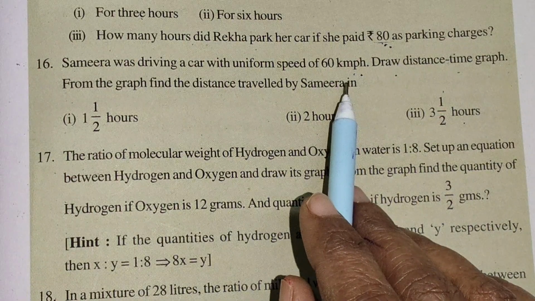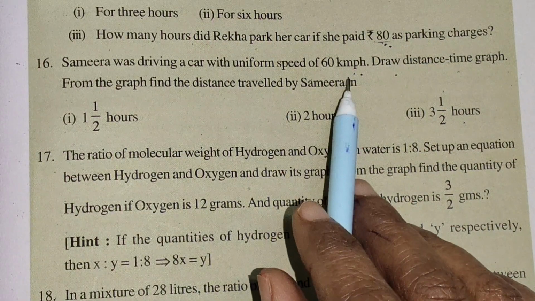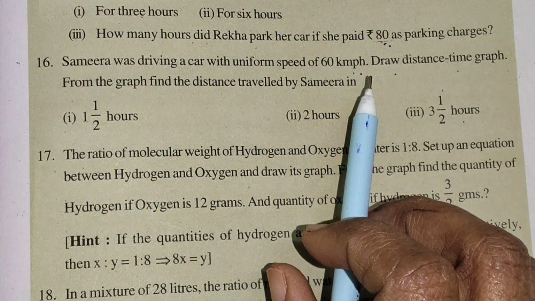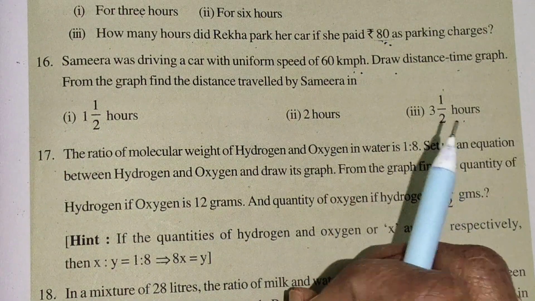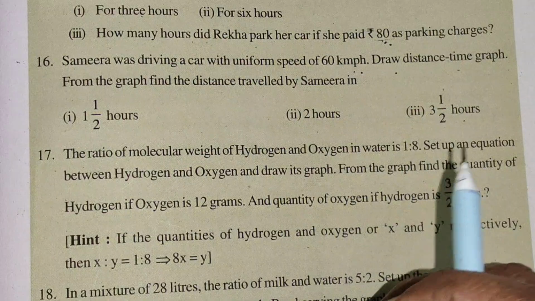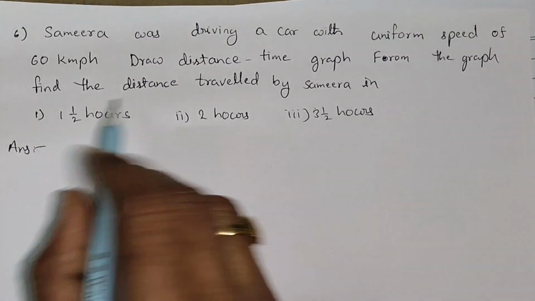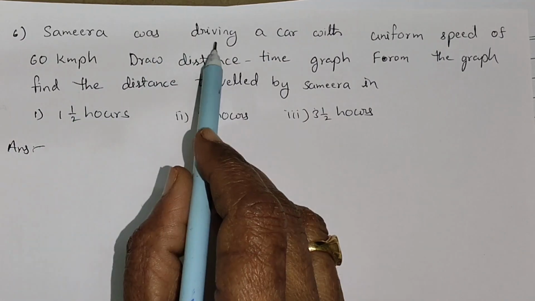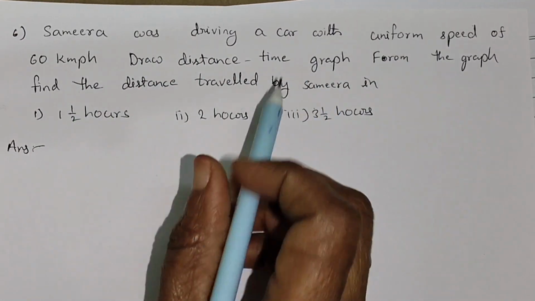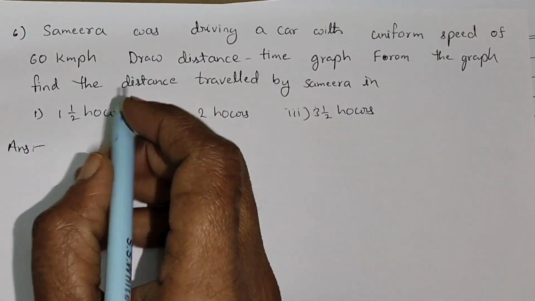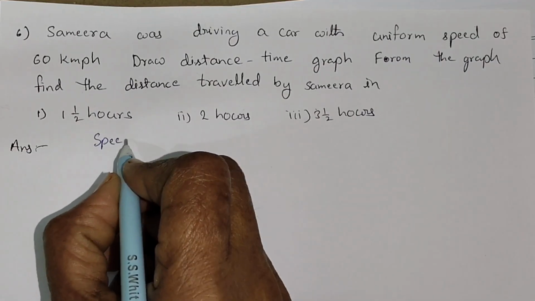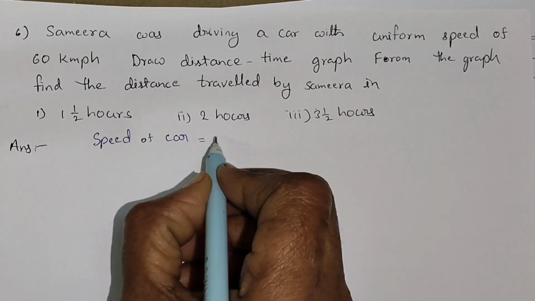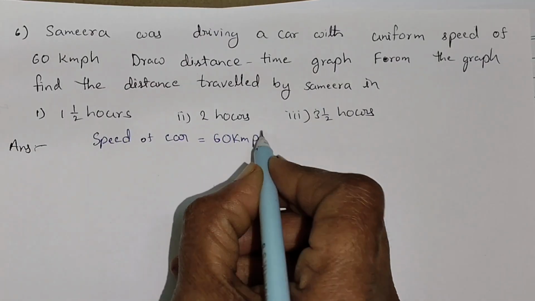Here total 60 kilometers. Time is not given, so x hours. She took x hours. The total distance traveled is y. Here we find the distance traveled by Samira. Samira was driving a car with a uniform speed of 60 kilometers per hour. So the speed of the car is equal to 60 kilometers per hour.